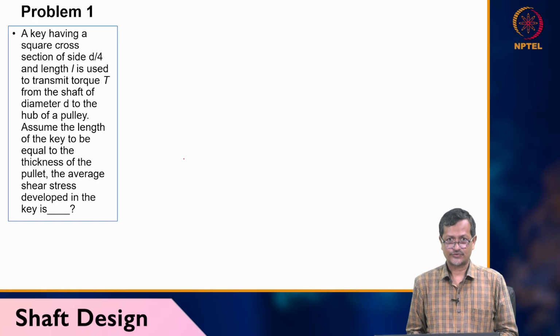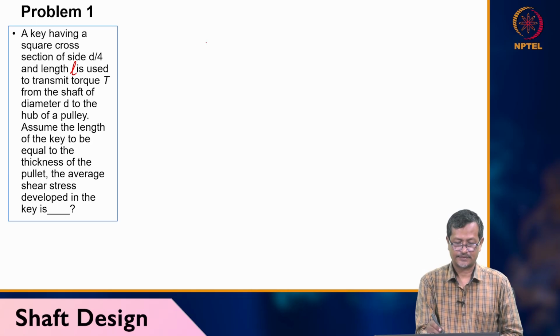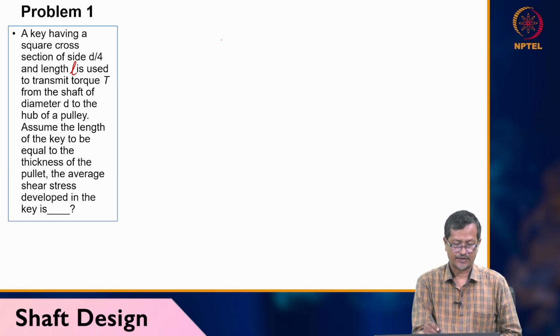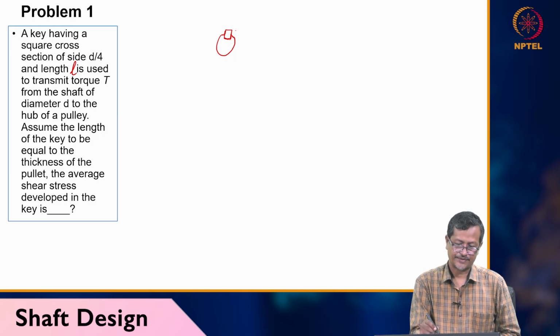Now we'll try to solve some problems. A key has a square cross section of side d by 4 and length L. It is used to transmit torque T from a shaft of diameter D. So I have one key here, and the shaft is here.